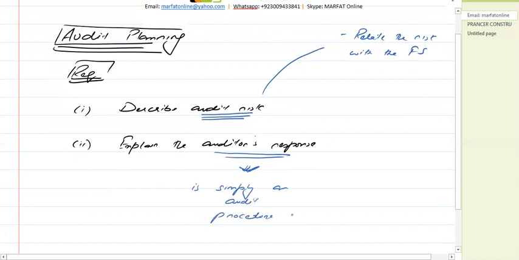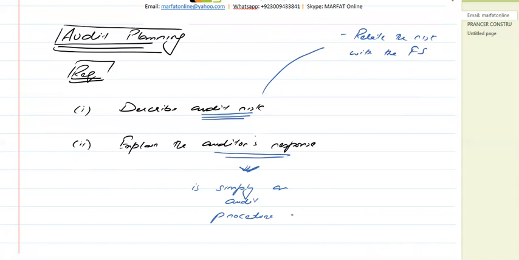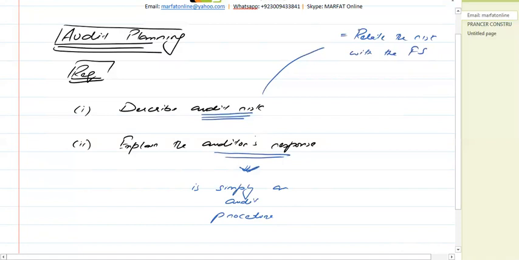I'll be discussing that in my audit procedure video. But right now, explain the auditor's response is simply an audit procedure, and that will be the same. When we do a question, I'll be telling you, look, this is the same as the audit response, the audit procedure. So, describe audit risk. Whenever you are doing that, relate that with the financial statements.